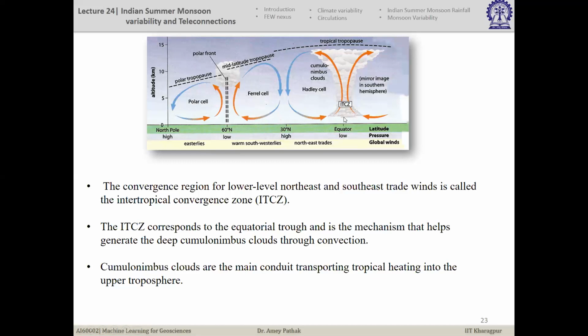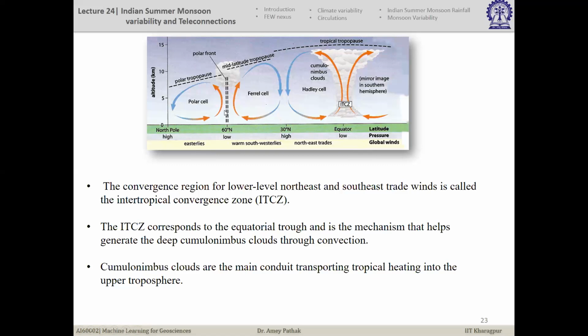The equator region normally receives more solar radiation, so it is a high temperature region. Since there is a low pressure formation here, air from both sides of the equator will try to move in this direction to compensate for this low pressure.